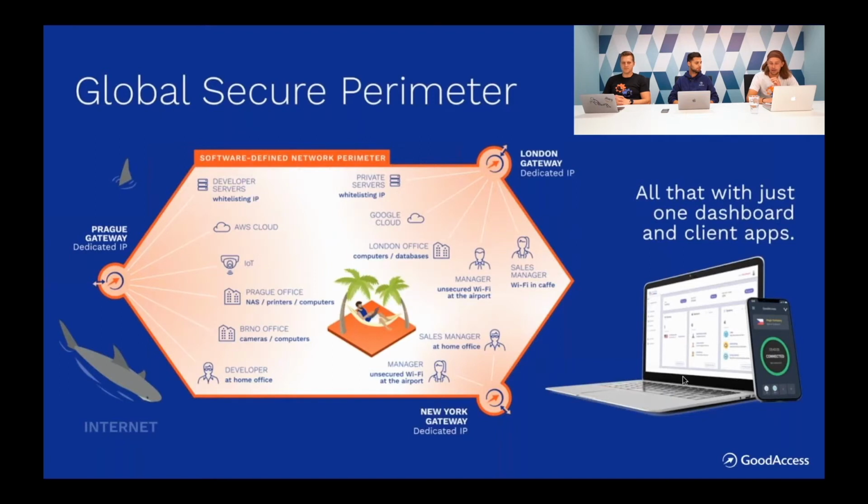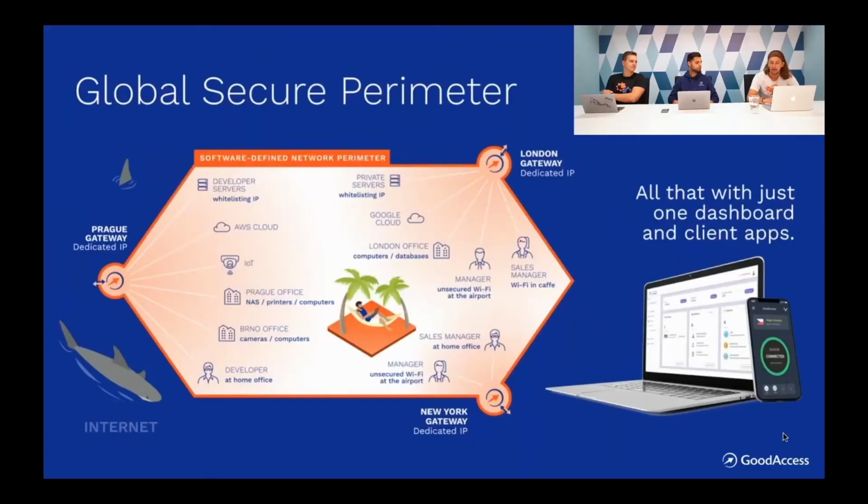All components we have is a control panel, which is a web-based application, which we use for managing and deploying GoodAccess, the software-defined perimeter or cloud VPN for business teams. And for employees, we have a simple one-click application which can be installed on mobile phones and desktop, which you mostly use.